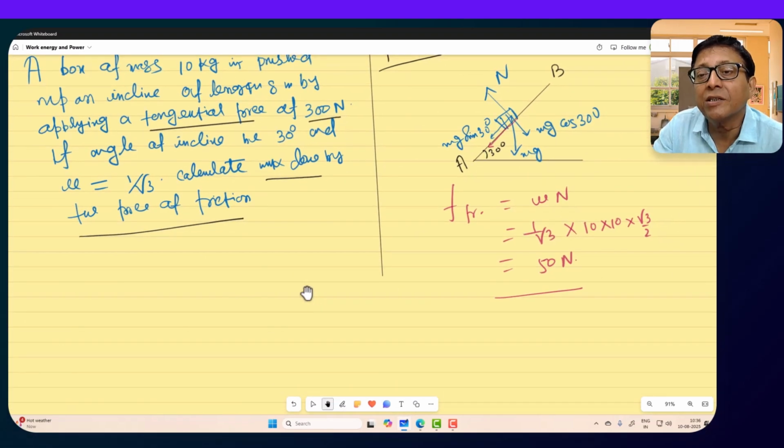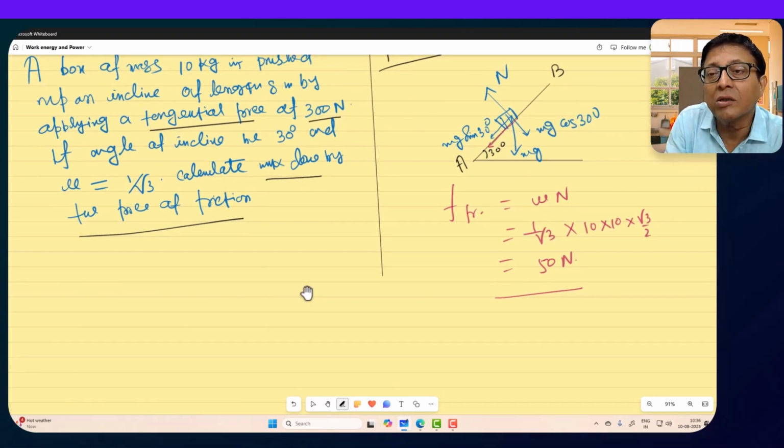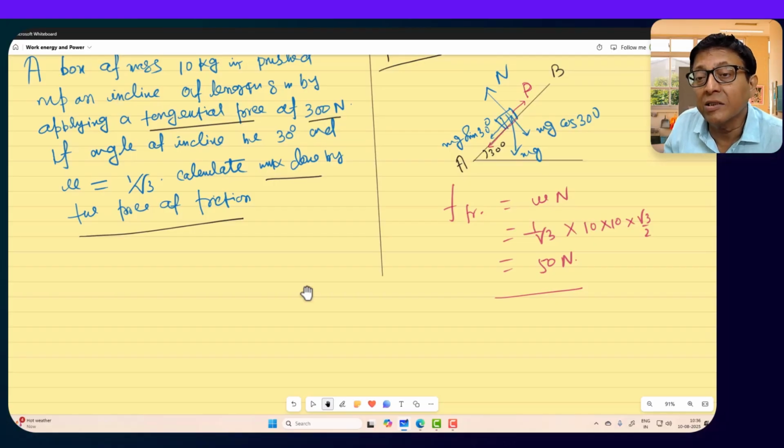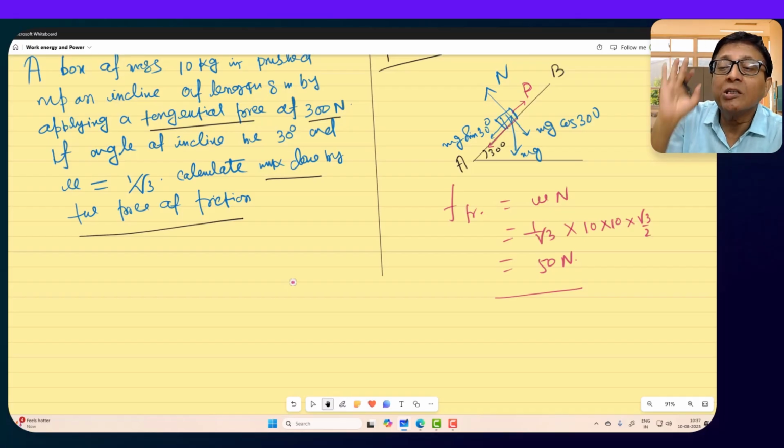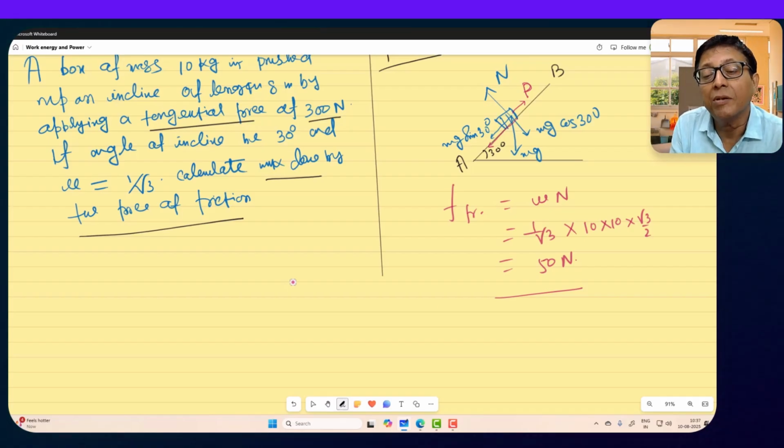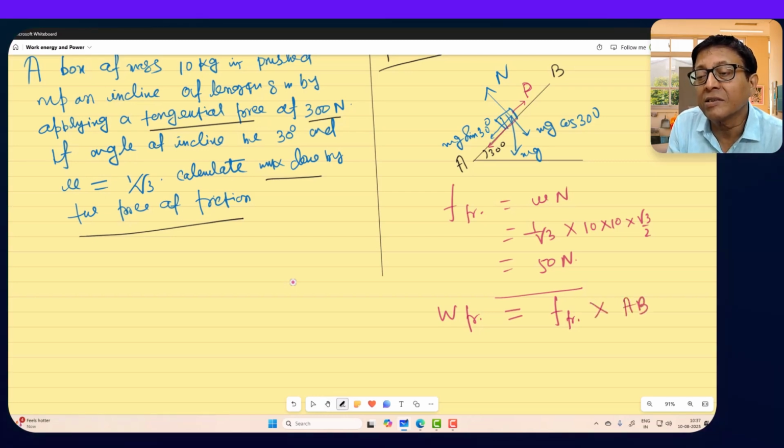So, force of friction is acting downward, isn't it? Because the pulling force is upward. Pulling force work done is not required. If it is required, then it will be simply 300 into 8. But here, this one is work done by force of friction. Displacement is opposite to force, so the work done has to be negative. Wfr will be Fr multiplied by the distance multiplied by cos 180.